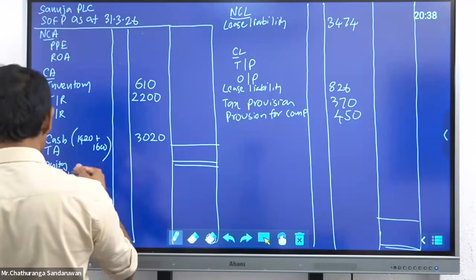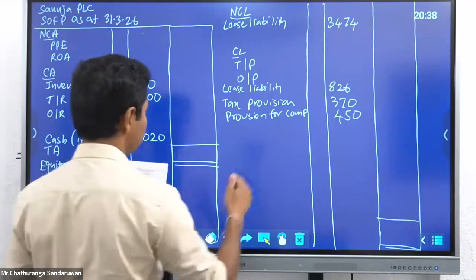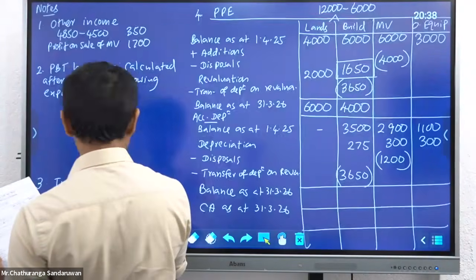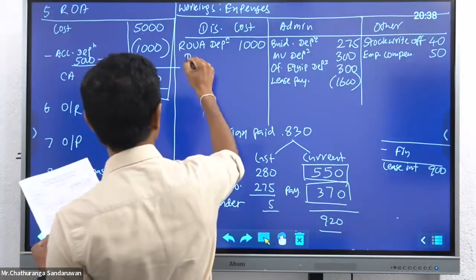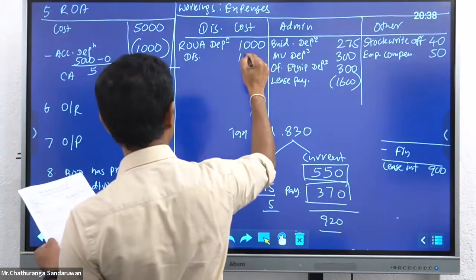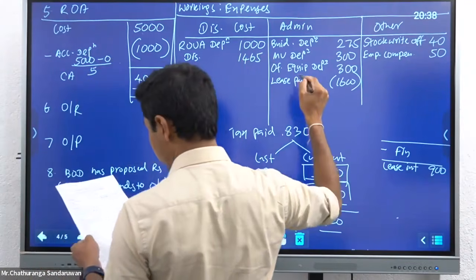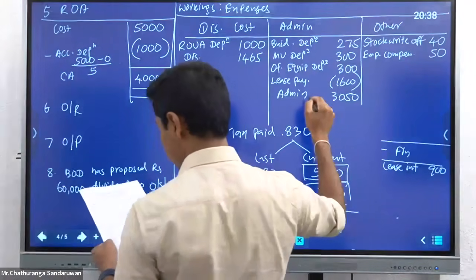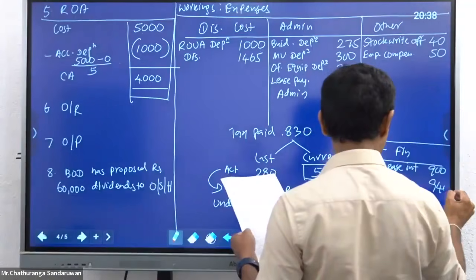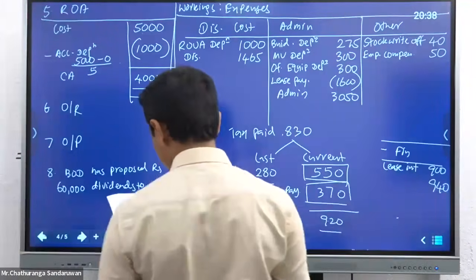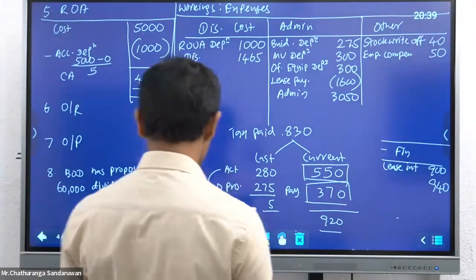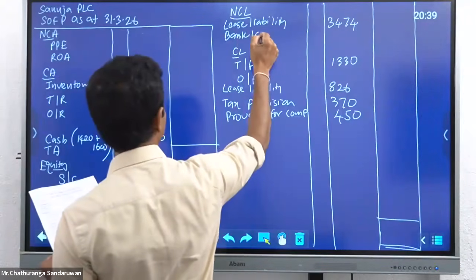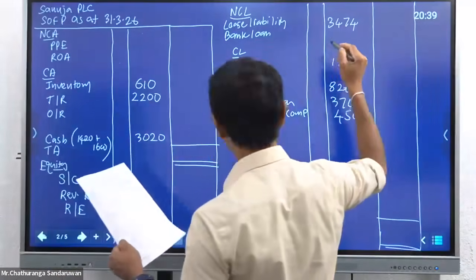Trade receivables 2,200, and then cash and cash equivalents we have taken. Trade payables 1,330, and distribution cost, take them. Distribution cost 1,465, administrative expenses 3,050, finance cost 940, lease liability we have taken, provision for employee compensation taken, bank loan, take it to the non-current liabilities, 1,500.